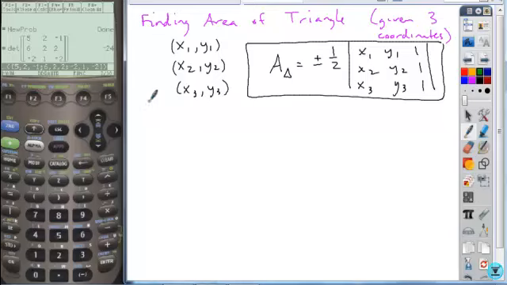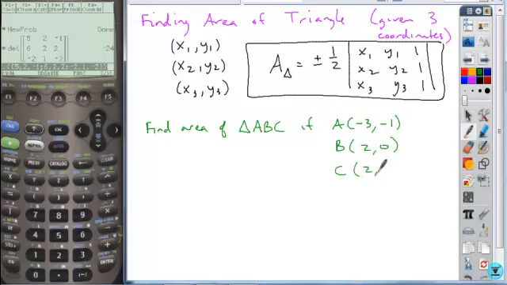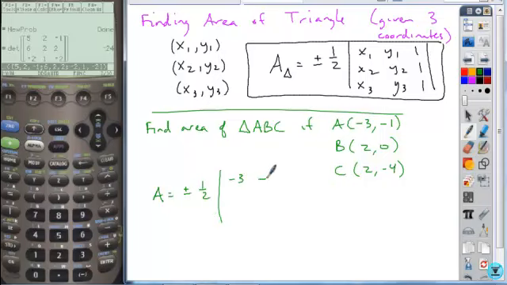Okay, so let's say we take the following example. Okay, if you want to find the area of this triangle, the area is simply going to be the positive or negative of 1/2, and you can set up the matrix or the determinant of the matrix formed by -3, -1, and 1 to 0 and 1 to -4 and 1.